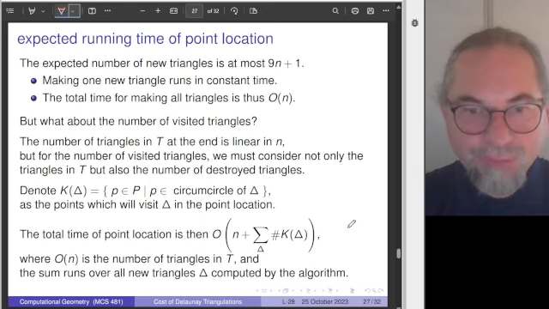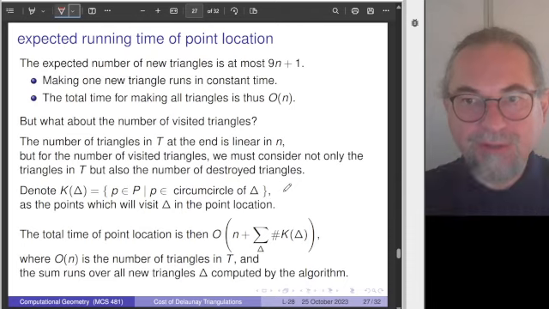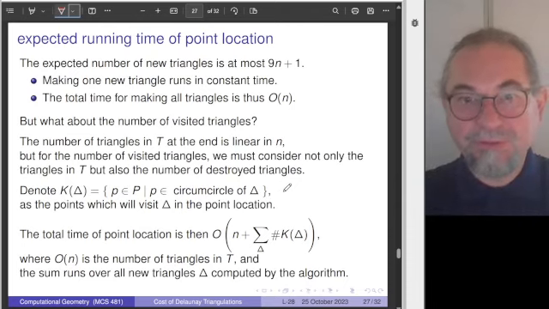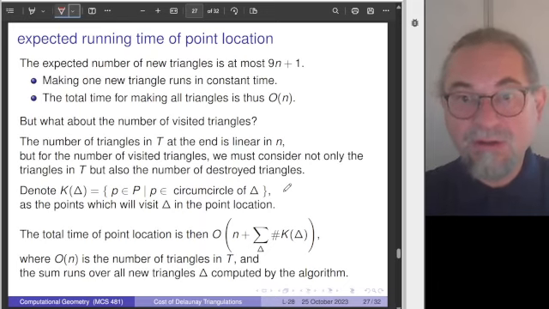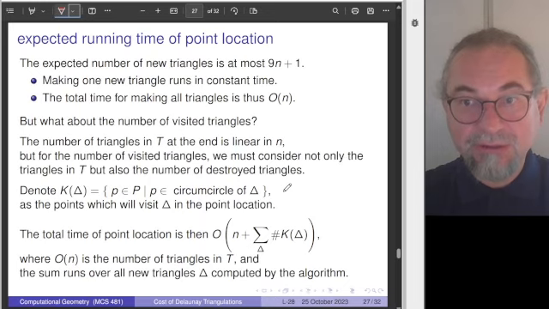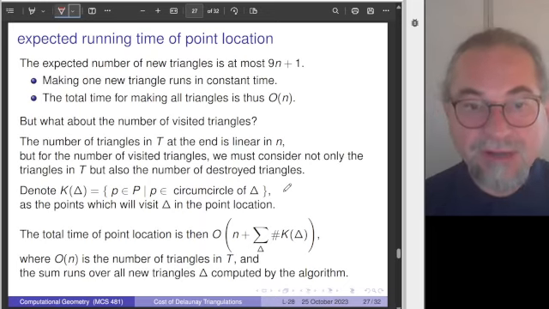So why is that important? Well, what is the chance that we are going to hit a triangle? When do we have to consider a triangle? Well, we have to consider the triangle in our point location if that point lies in the circle through the three vertices of the triangle. That will be the triangle that we will visit in the point location.